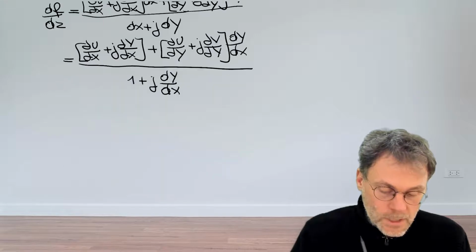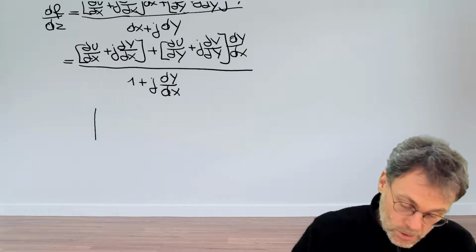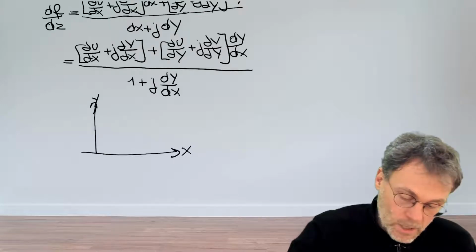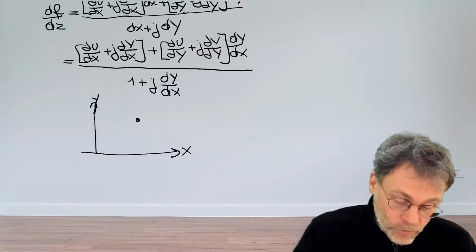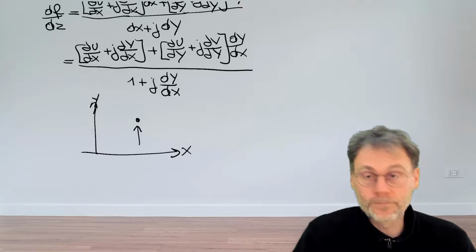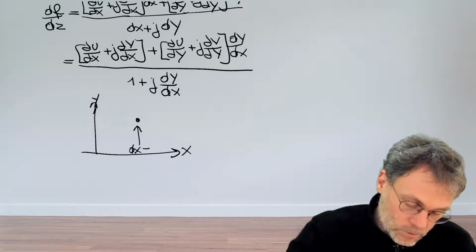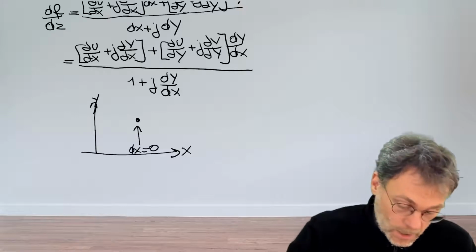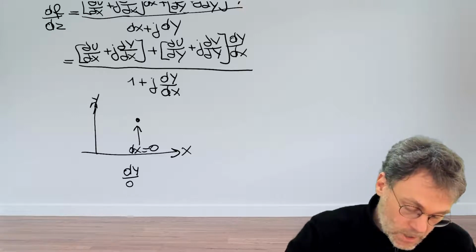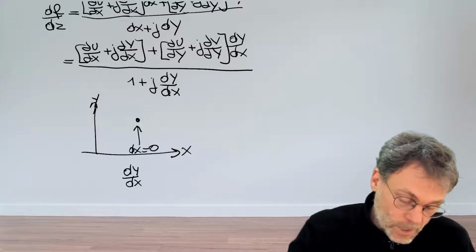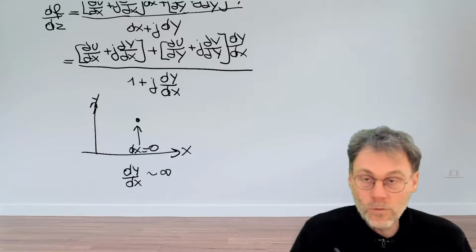So where is the direction of approach encoded? If we have a simple example here, x, y, and then a point z, if we approach in this direction, that means that dx is equal to 0. And if we then calculate dy over dx, because we have a suspicion that that encodes the direction of approach, that's basically infinity if you want.